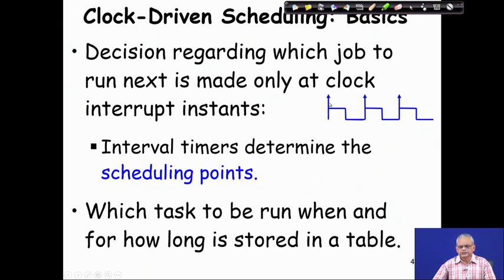So, these points at which the clock interrupts come are called the scheduling points. And in our last discussion, we had mentioned that the instants at which the scheduler becomes active and checks what to do next are called scheduling points. And here the scheduling points are defined by a clock.